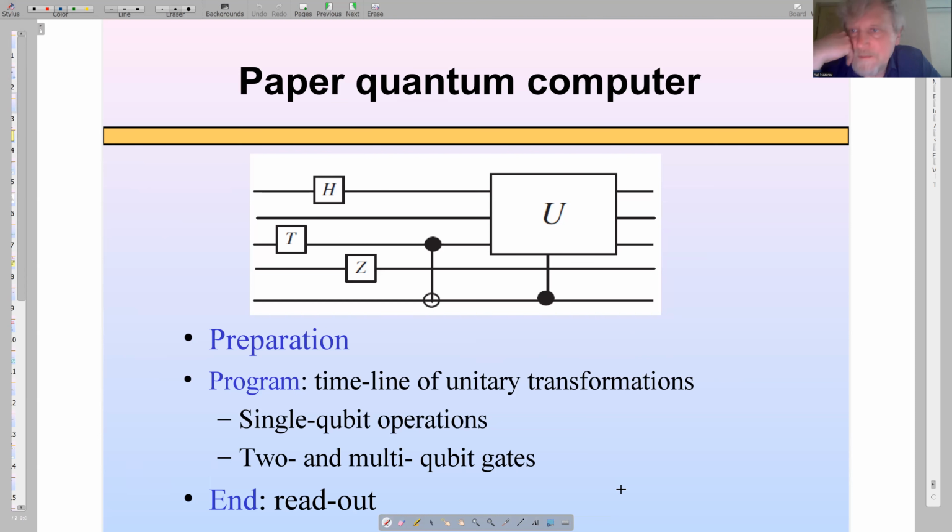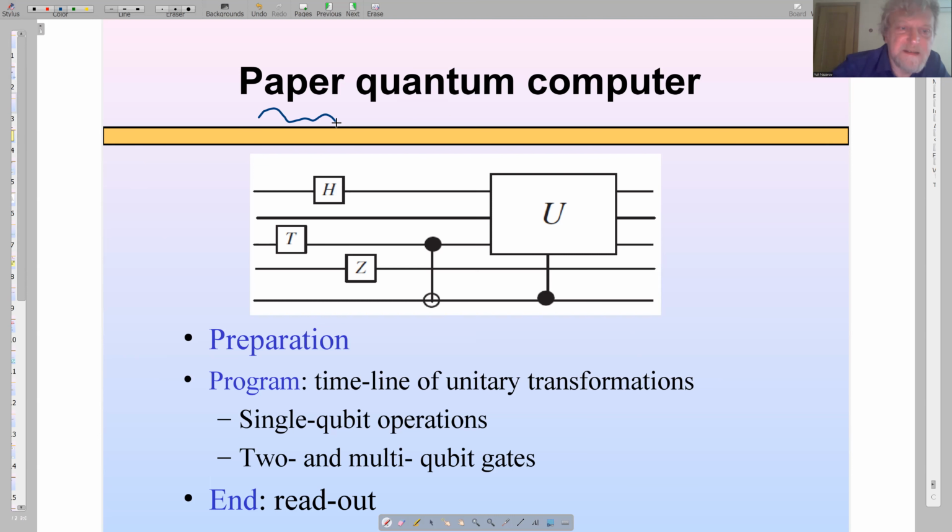As to software, the paradigm of the quantum computer, a kind of paper quantum computer, was set very quickly, and it has existed for about 30 years. So what is that about? How does it work?